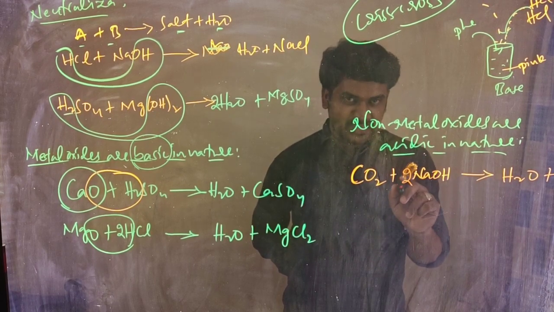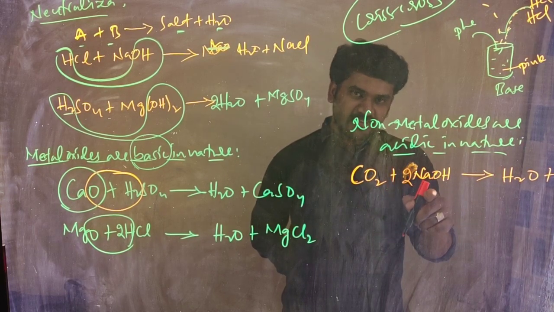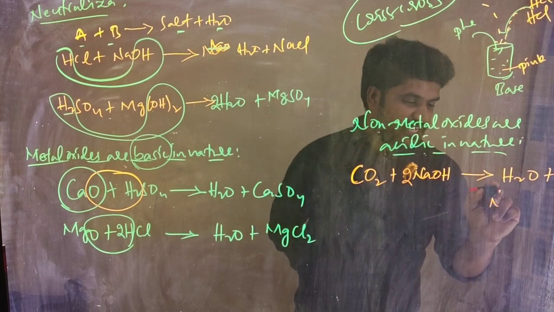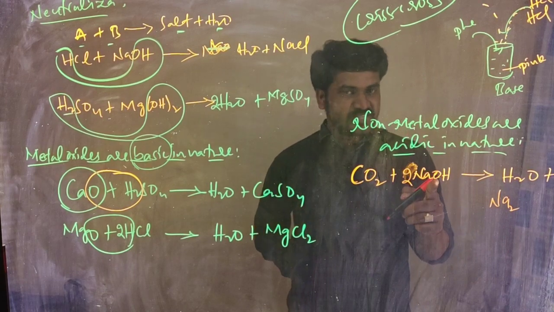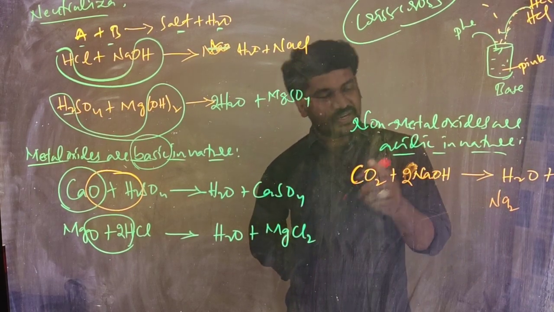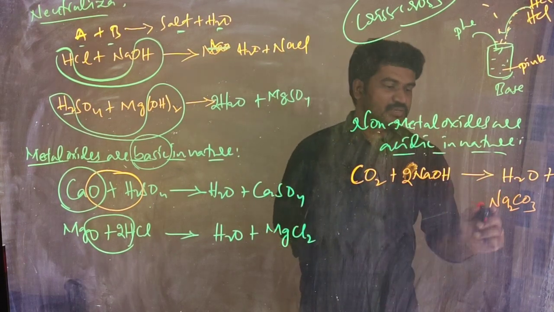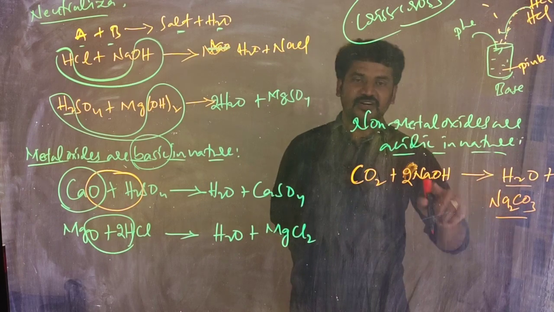Here 2 oxygens are there. 1 oxygen completed. Now what will be there here? 2 Na will be there, and 1 oxygen will be there. That is Na2, and that oxygen comes here and forms Na2CO3. That is sodium carbonate and water. Sodium carbonate is a salt and water is water, right?